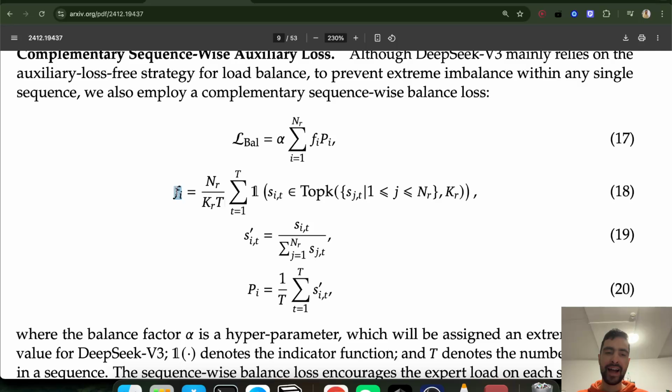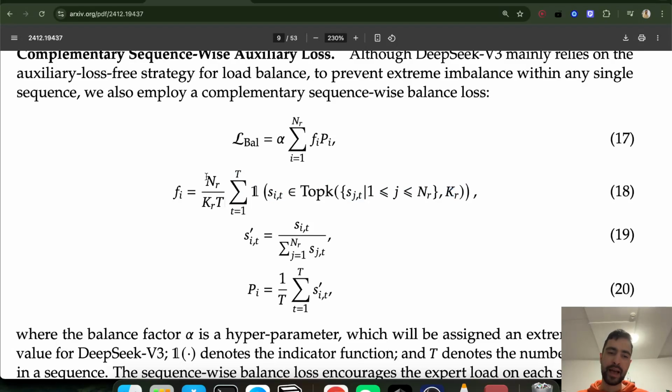This f_i is counting how many times expert i has been selected. So first, for each token, if the expert is selected, you add 1. If it's not, you don't add 1. So for each, let's say 100 tokens selected 20 times, this would be 20.